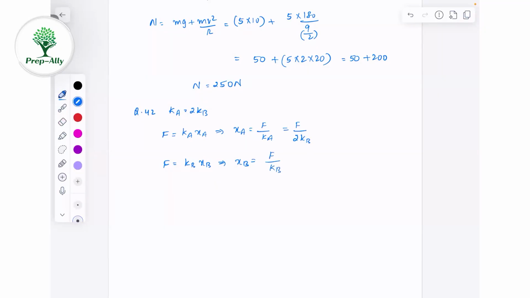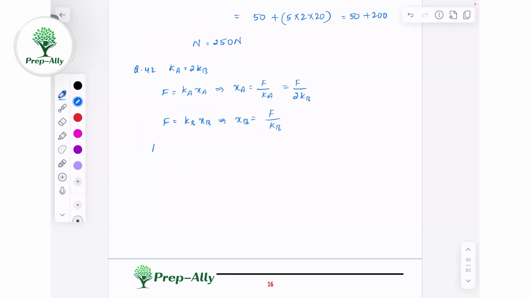Kb. Now, energy stored in spring A is half Ka Xa square, which is half Ka is anyway 2 Kb, and Xa is F by 2 Kb whole square. That gives us F square by 2 into 2 Kb.